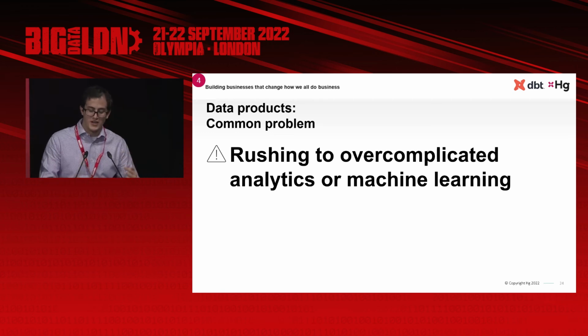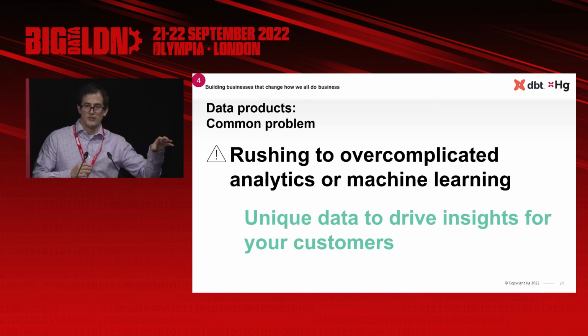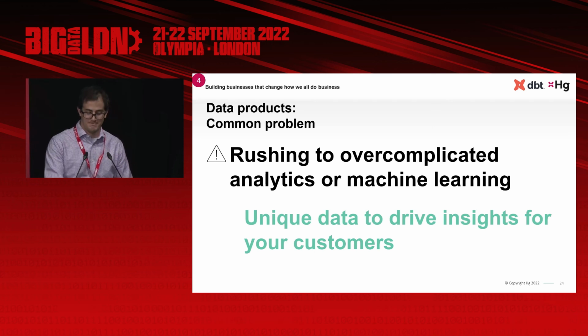However, I always encourage data teams to firstly look, when thinking about data products, for the lower hanging fruit of what's the unique data insights that we could serve to our customers with simple customer facing BI. So making sure that we don't rush to that latest and greatest analytics and machine learning until we've already explored the lower hanging fruit of customer facing BI that can often be very easy to get working and drive insights for our customers.